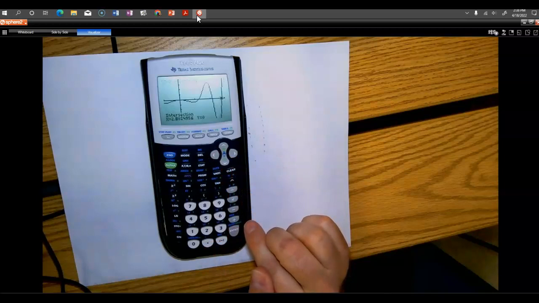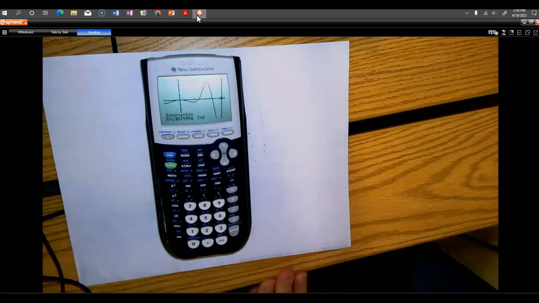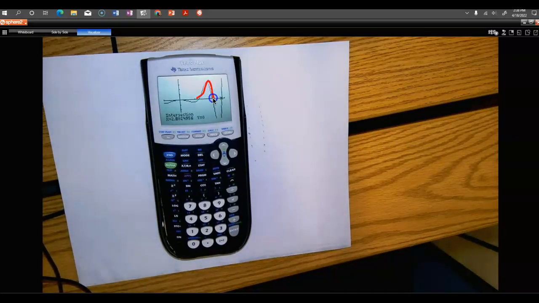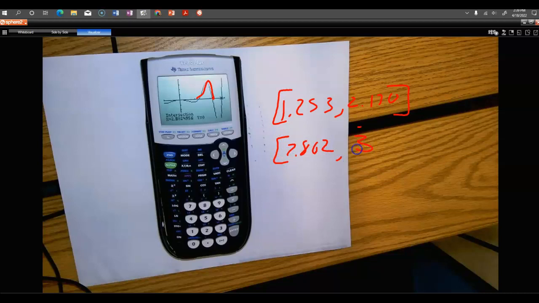And that's 2.802. So my first interval here was 1.253 up to 2.170. And this last interval here goes from 2.802 up to 3, because they're only concerned about up to 3. So that's where the function would be concave up on those intervals.